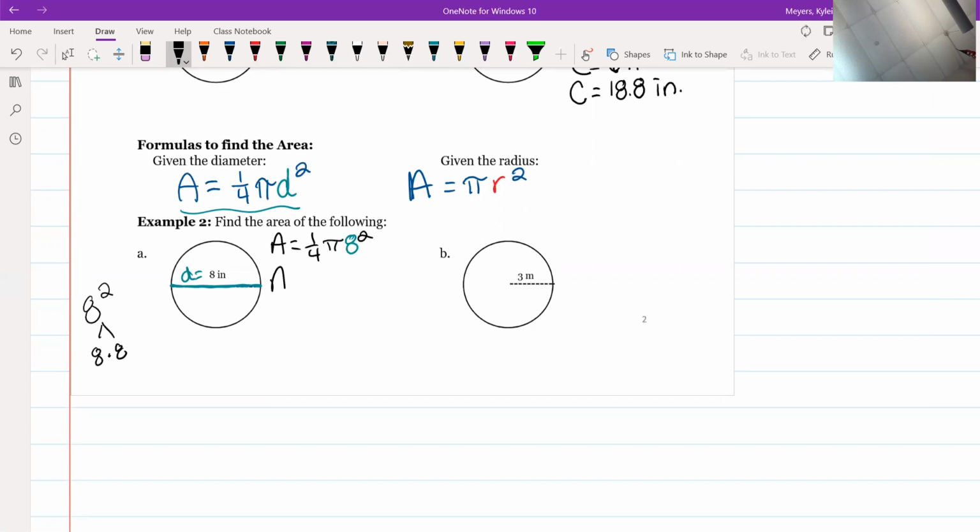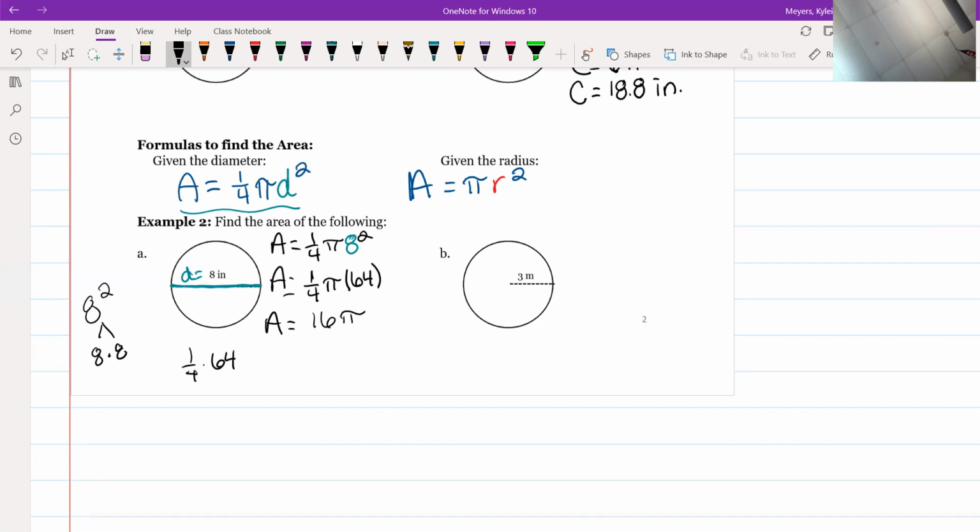Well, 8 times 8 is 64. So we have 1/4 pi times 64. Let's do 1/4 times 64. When you do that, you get 16 pi.